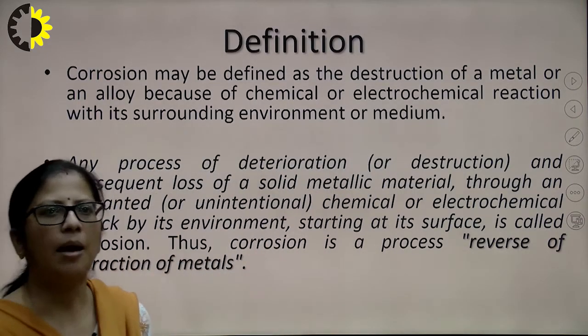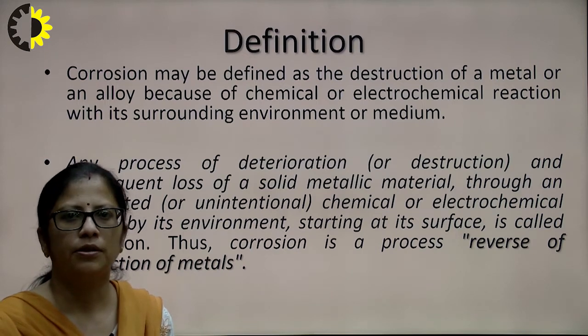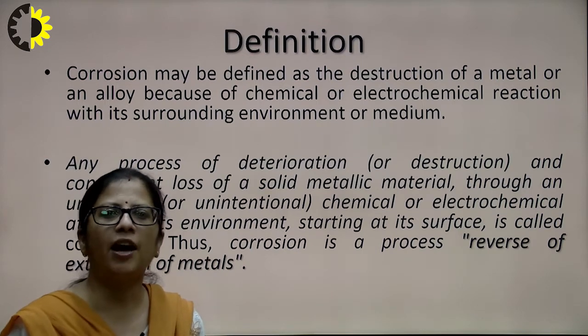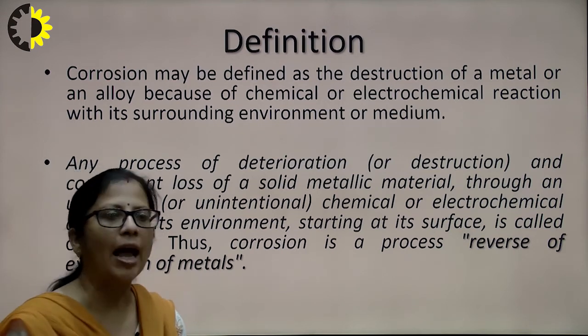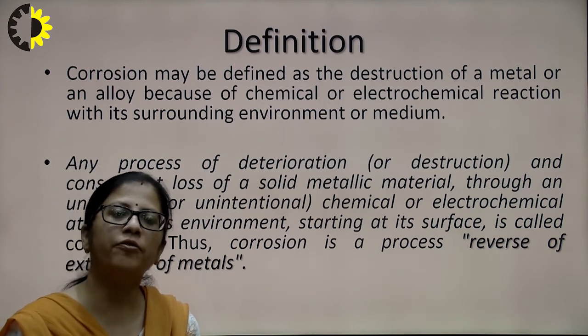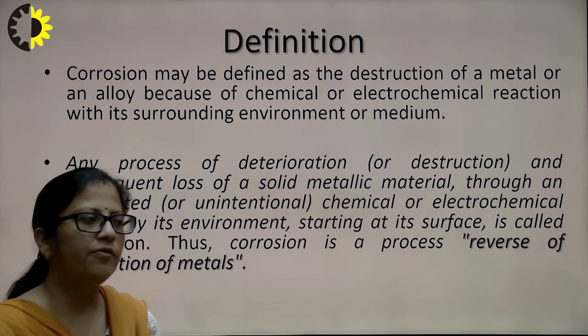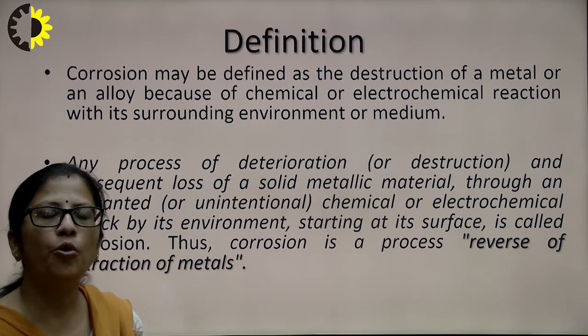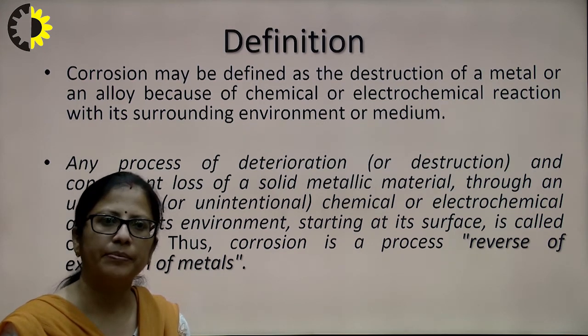Now, coming first to the definition of corrosion. Corrosion may be defined as the destruction of a metal or an alloy because of either a chemical or electrochemical reaction which a metal can undergo with its surroundings or in a medium.